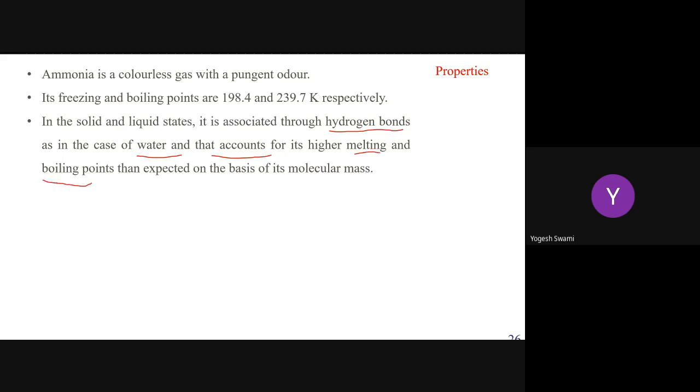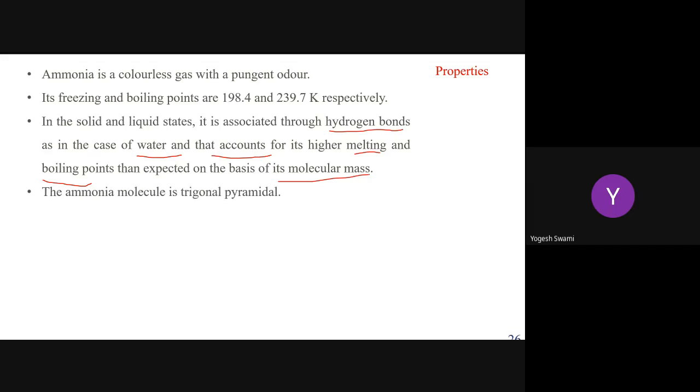This is the reason why the melting and boiling points of ammonia are higher compared to other hydrides of group 15. Our simple answer is due to the formation of hydrogen bonds, then expected on the basis of its molecular mass. The molecular mass is low, but still its melting and boiling points are high. Why? Due to hydrogen bonding.